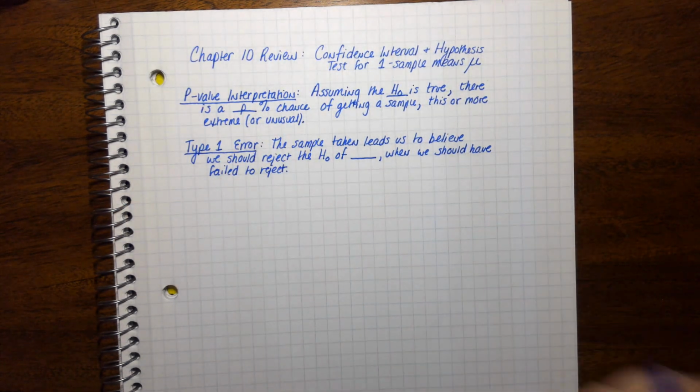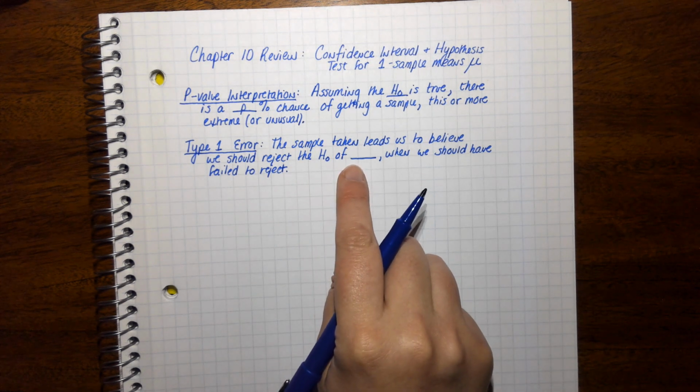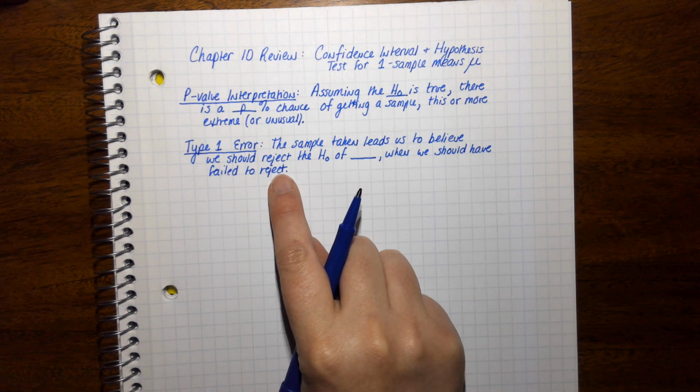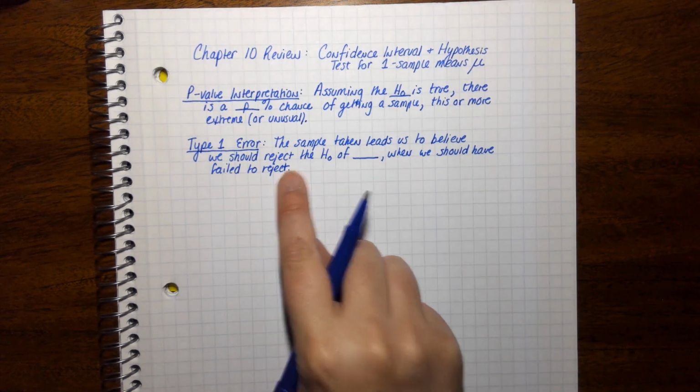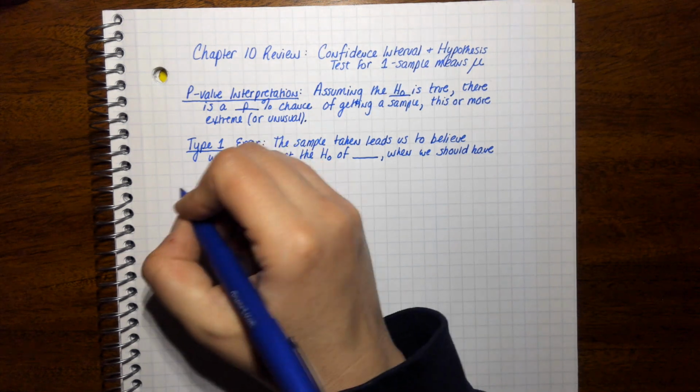So we just got a really weird, unusual sample that made it look like the whole population was weird and unusual, but it wasn't, so we should have failed to reject.